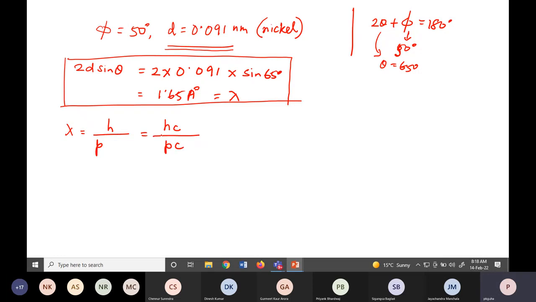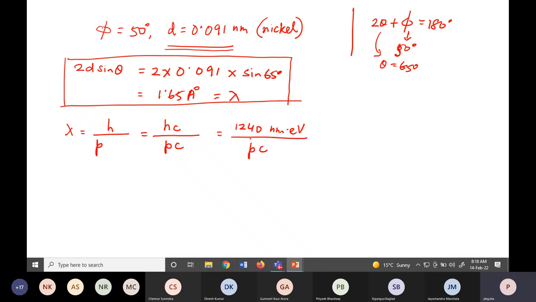So you see that we already discussed hc. hc is nothing but 1240 nanometer electron volt. Please remember this value. hc is 1240 nanometer electron volt, and pc.